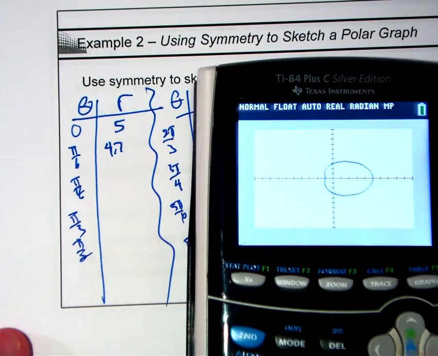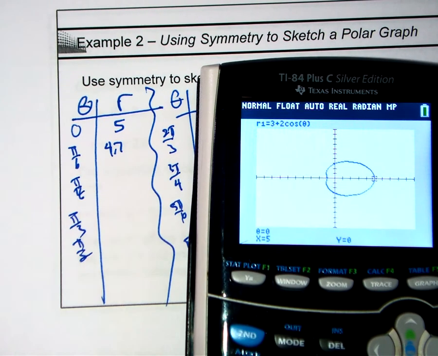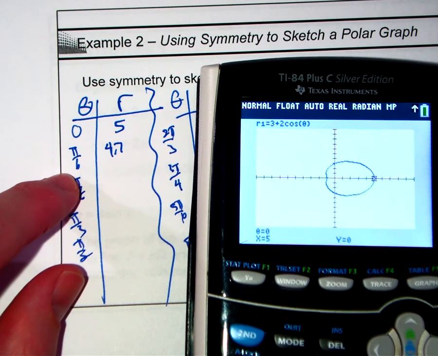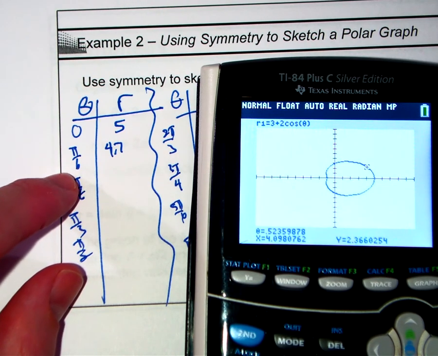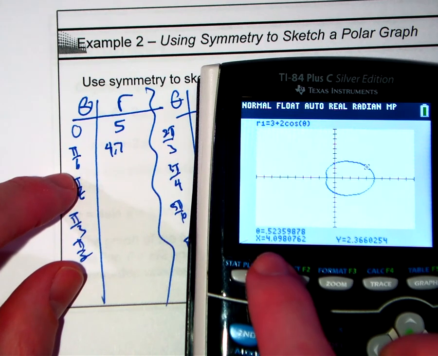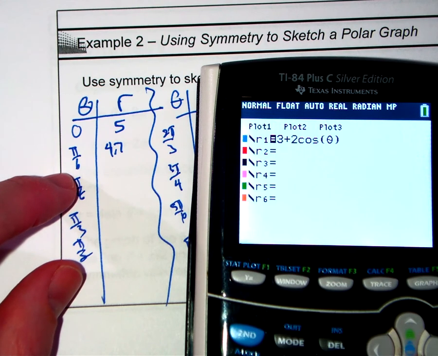And then, like I said, how I got these is I just push trace, and then I would type in the 0, 0, 5. Pi over 6, second pi divided by 6. This is not that helpful. They're not giving me the R values.